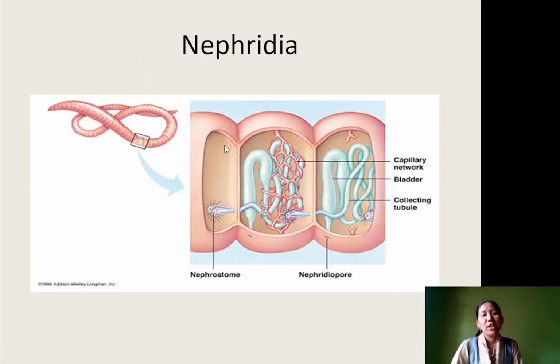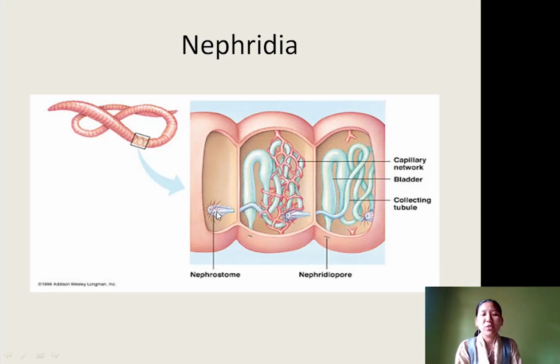Talking about excretion and osmoregulation, they have a special structure called nephridia. These nephridia have a part which collects the body fluid containing waste, called the nephrostome, inside the body here.